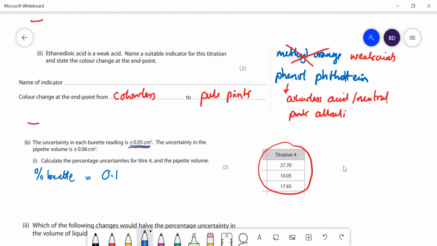So that's 0.1 over the total volume, which is 17.65, times 100, that gives a percentage of 0.57%.